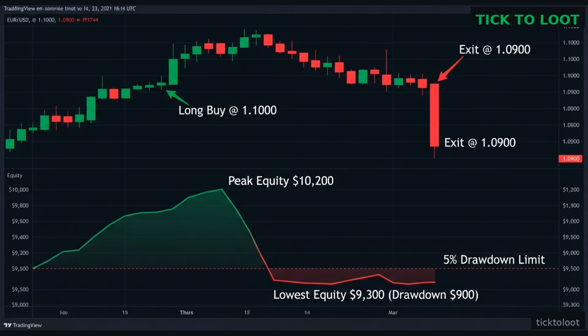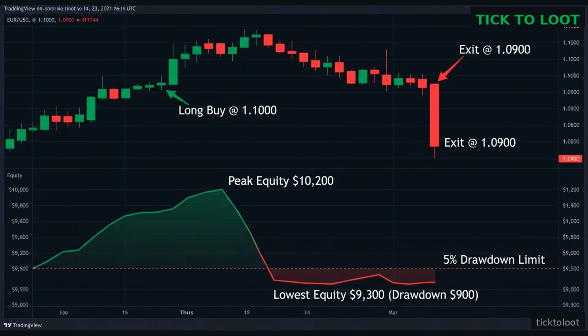On the chart, we draw a horizontal red line at $9,500, representing a 5% drawdown limit for a $10,000 account. Because the equity line crosses below that line, an alert would trigger, and any preset stop loss would close the position automatically. By looking at the chart, you can instantly see where the account was healthy, where it started to bleed, and exactly how far it fell.